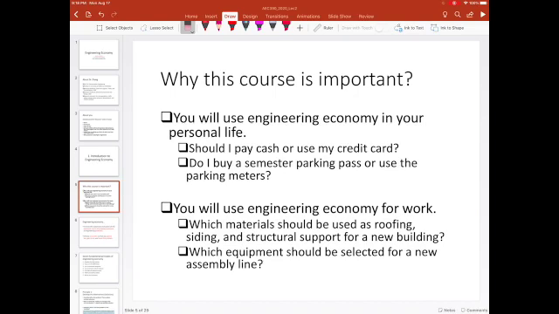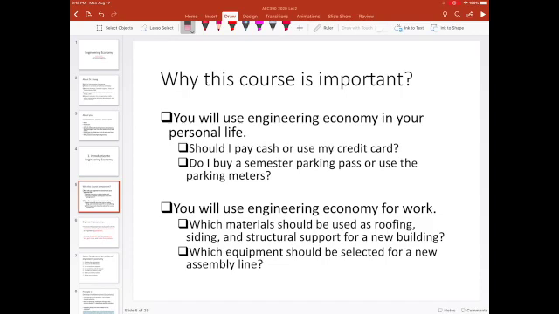And then you will use engineering economy for work, of course. You can answer questions like which materials should be used as roofing, siding, and structure support for a new building. And also questions like which equipment should be selected for a new assembly line.